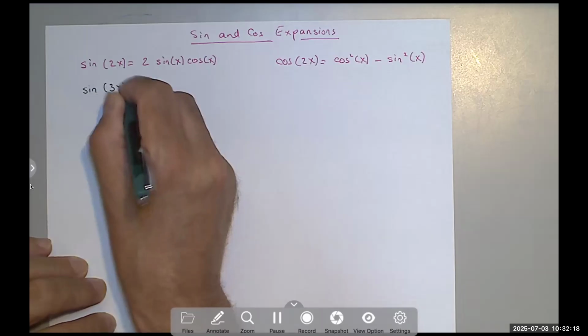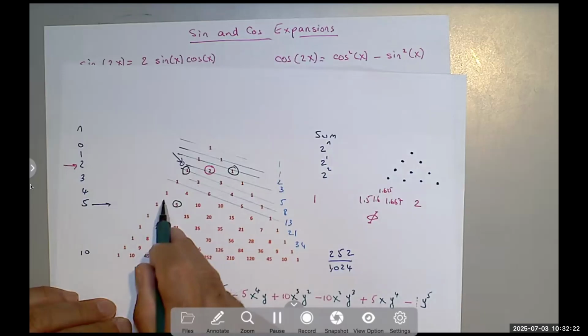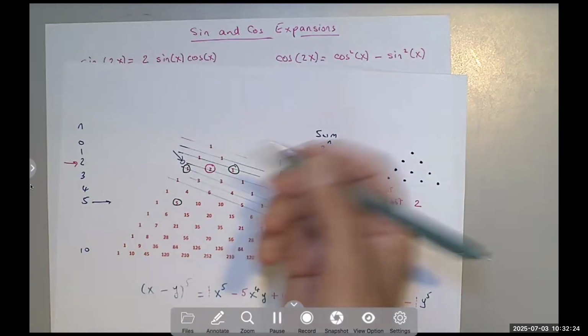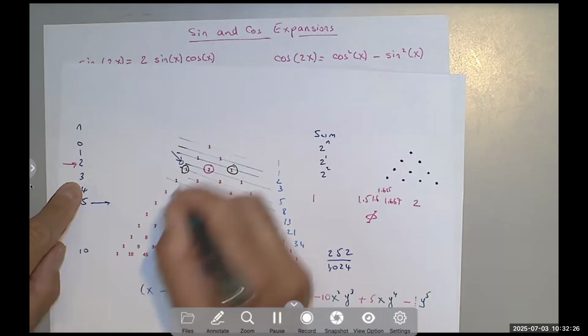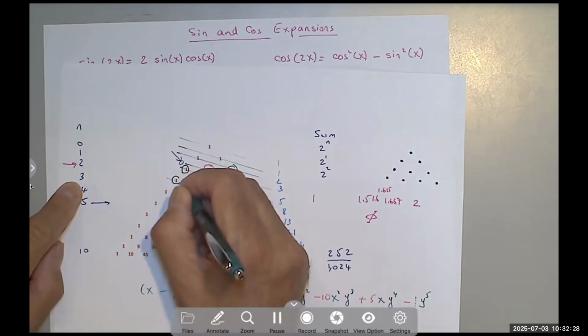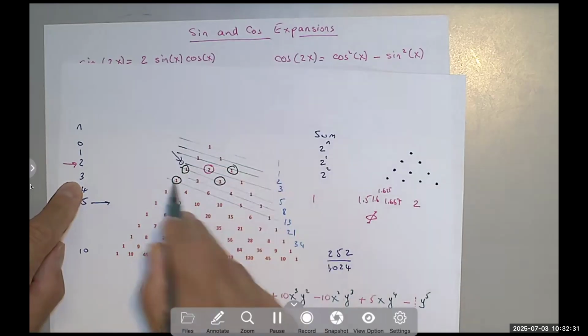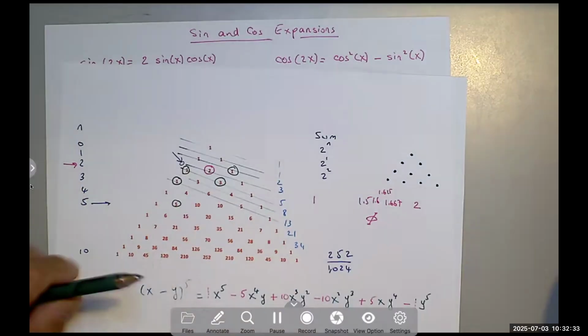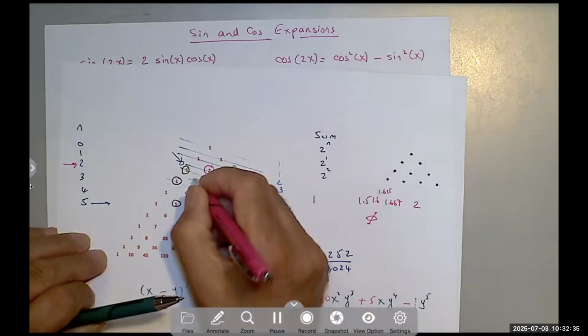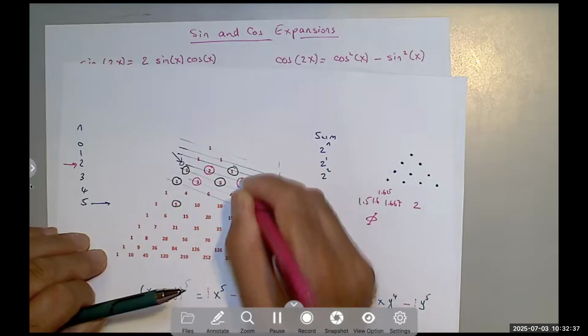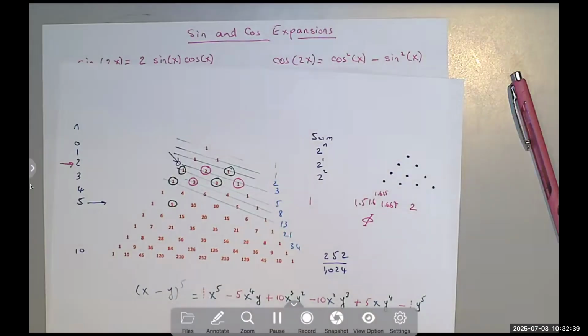Sine 3x. I want you to think of the first entry. So for example, I am in 3, right? So this entry and this entry are for cosines, and that entry are for sine. But how do I find the power?